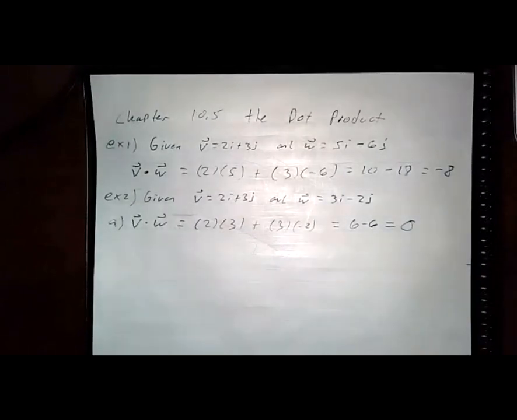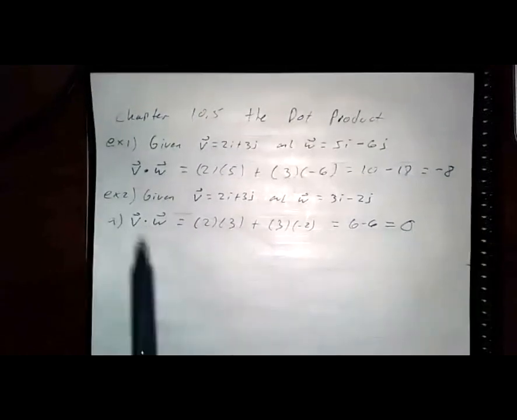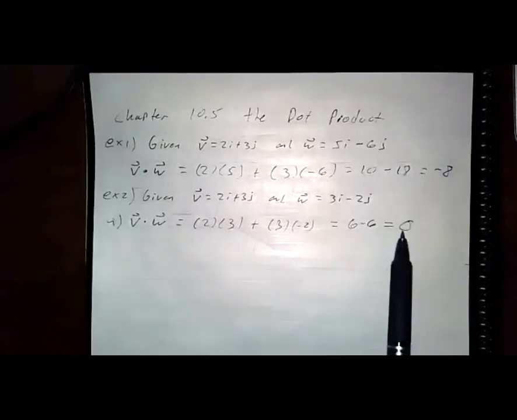So whenever you get a dot product of 0, that means the vectors are orthogonal or perpendicular. Basically there's a 90-degree angle between them. That's all that means. So if this ever happens when you dot two vectors, it's telling you they are at 90 degrees.